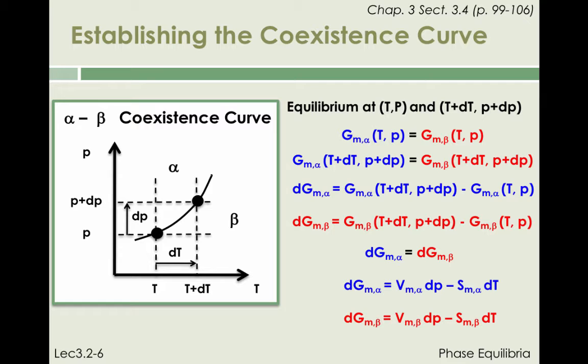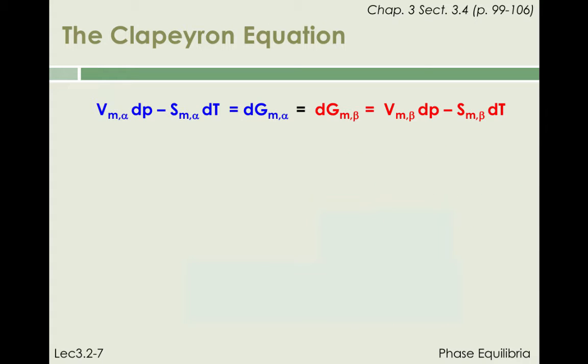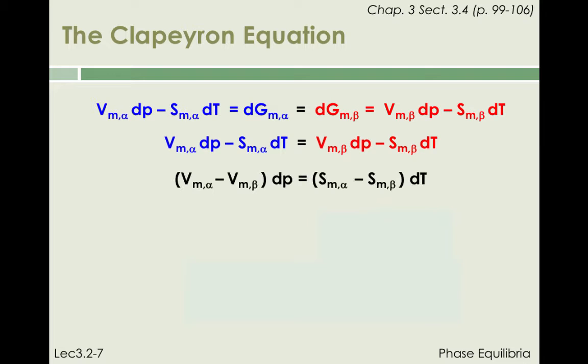Combining the last three equations leads to the relationship Vm alpha dP minus Sm alpha dT equals Vm beta dP minus Sm beta dT, which we can rearrange as Vm alpha minus Vm beta times dP equals Sm alpha minus Sm beta times dT.